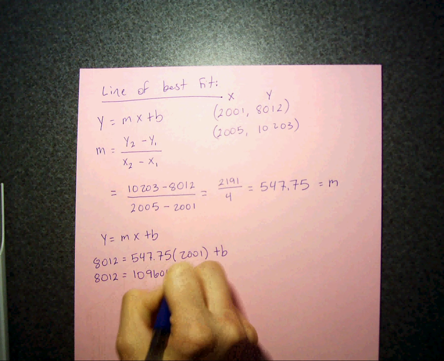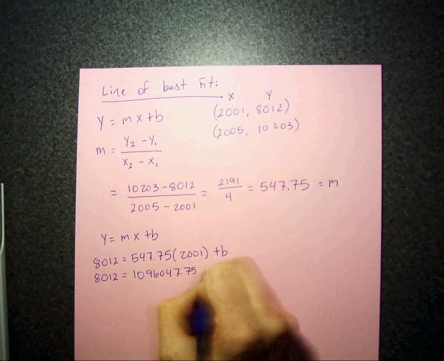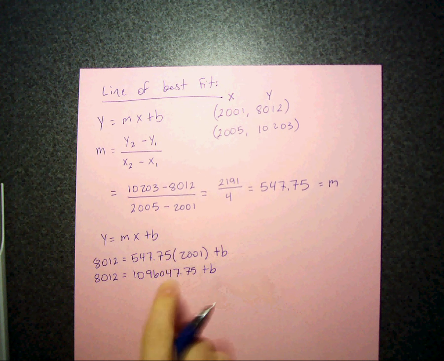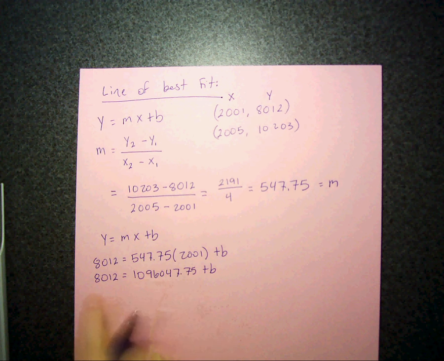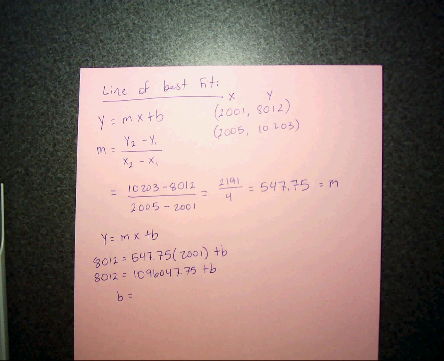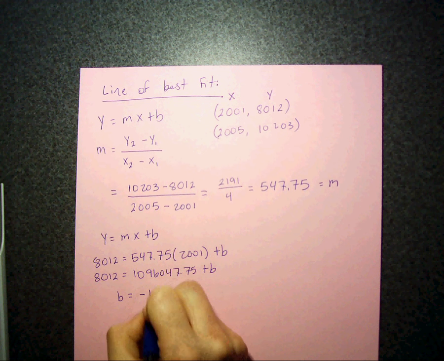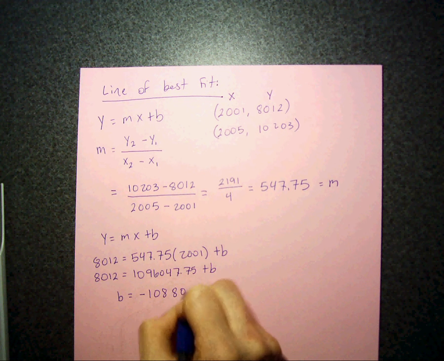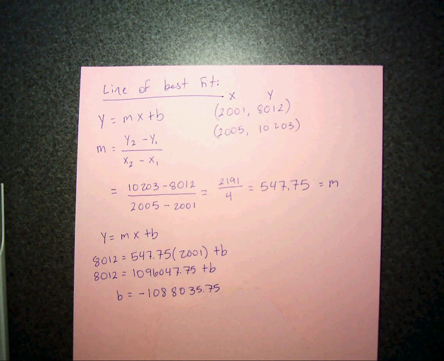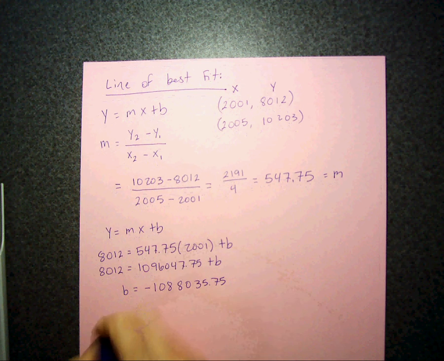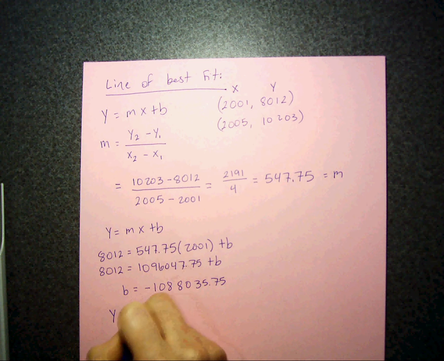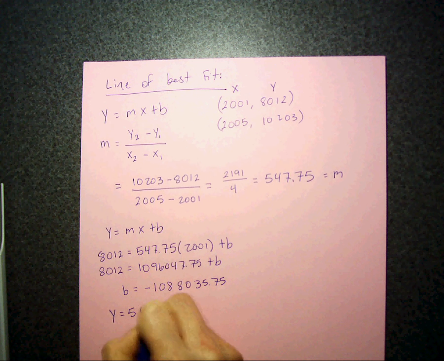So subtract this very large number from both sides, and I get negative 1,088,035.75. Okay, so my equation is y equals 547.75x minus this large number right here.